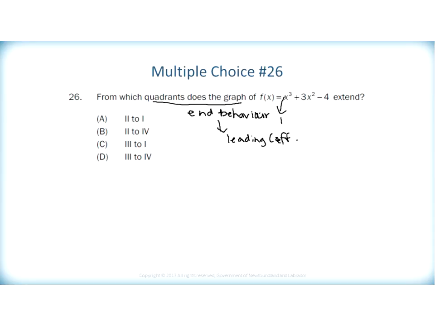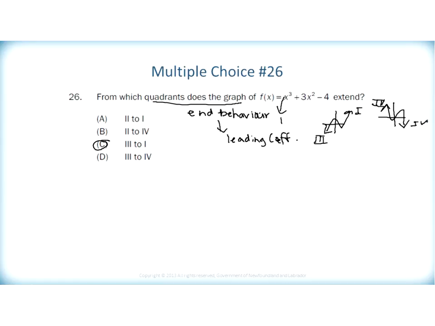It's positive. And so for cubics, if the leading coefficient is positive, it makes the shape of an N. So it goes from quadrant 3 to quadrant 1. If it was a negative leading coefficient for a cubic, it would have a backwards N shape, which would go from quadrant 2 to quadrant 4.